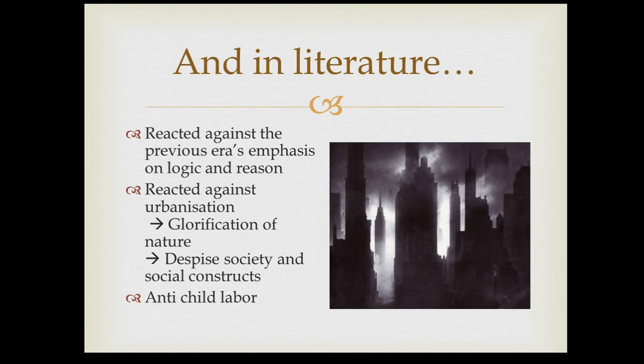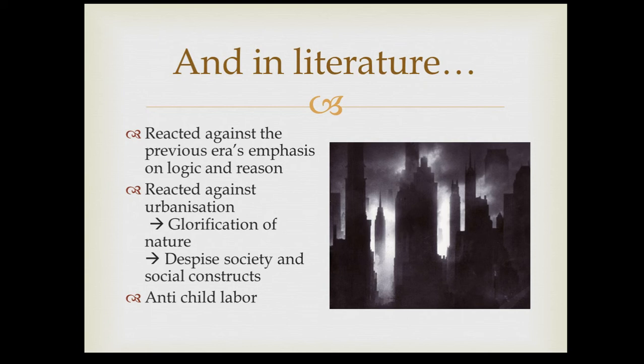So what the Romantics do is that they don't like this. They think that we should not have a focus on logic and reason and more have a focus on feelings and impressions. So that becomes the basis of Romanticism.